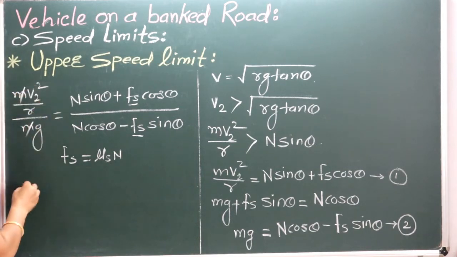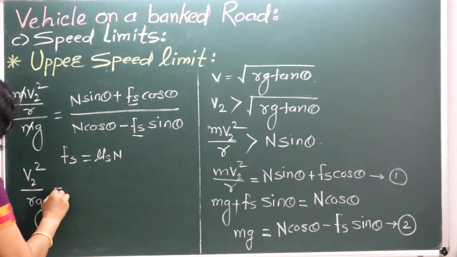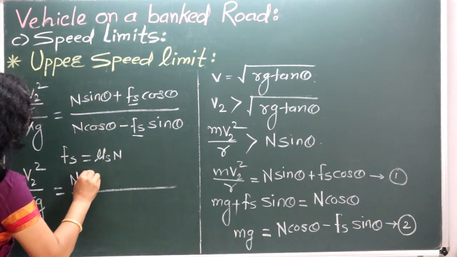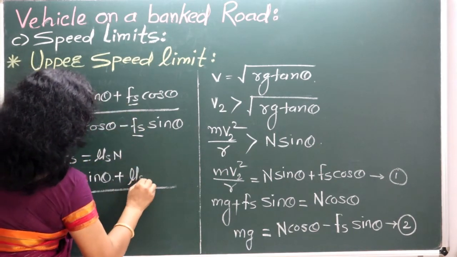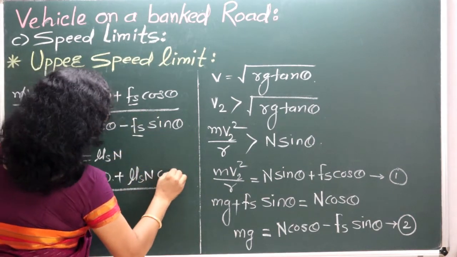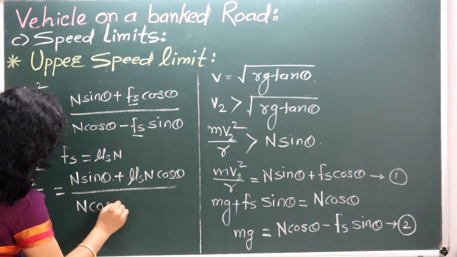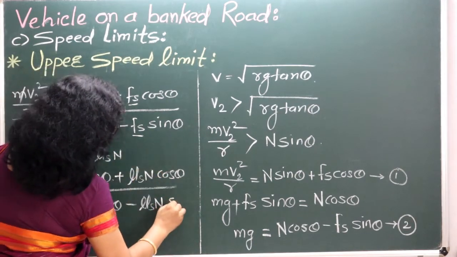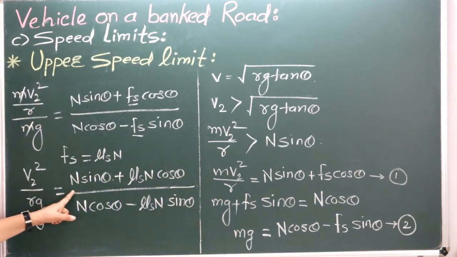m gets cancelled, therefore the left side is v2 square divided by rg equal to N sin theta plus Fs, that is mu s into N, into cos theta, divided by N cos theta minus Fs, that is mu s into N, into sin theta. Now divide numerator and denominator by N cos theta.